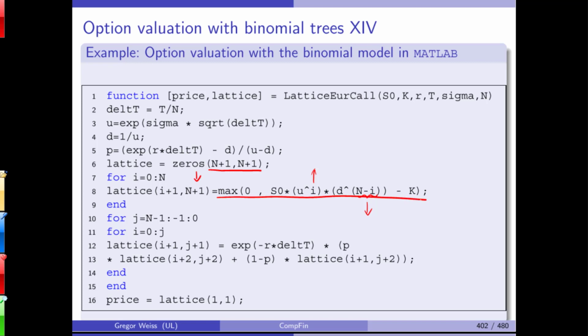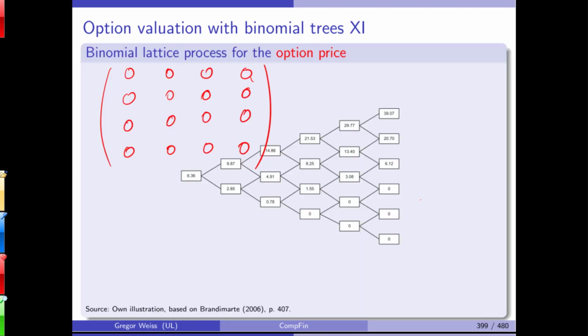So what does it look like? These 4 entries, we now write them over using the payouts of the option. So they go in here.